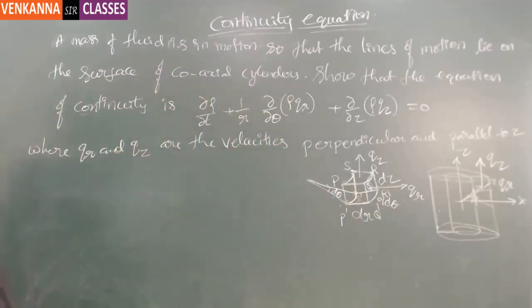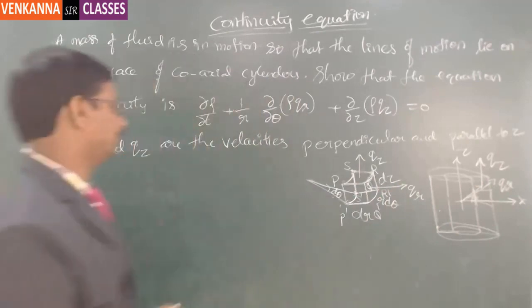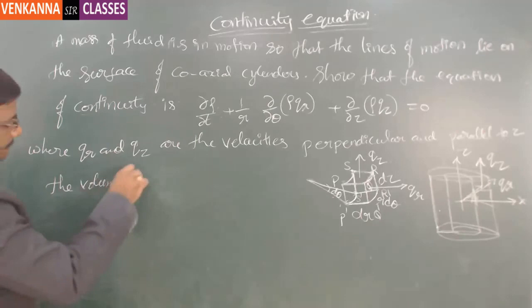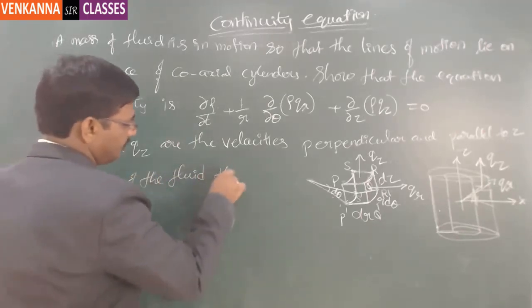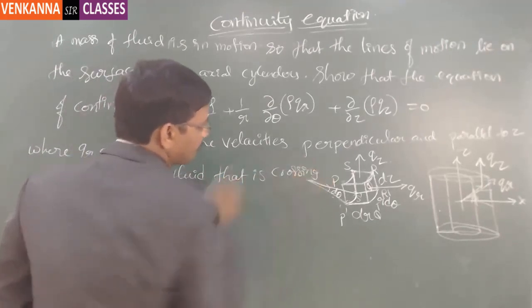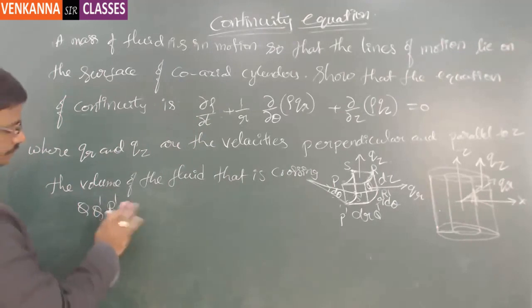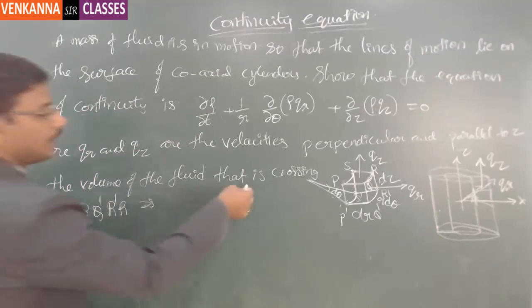Now the volume of the fluid that is crossing Q R R dash Q dash, the volume of the fluid that is crossing Q dash R dash R is equal to, or crossing or entering the surface.